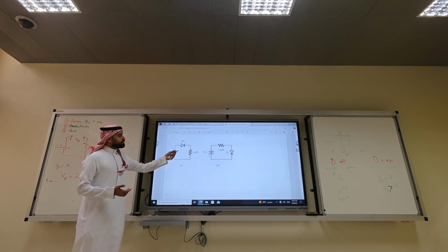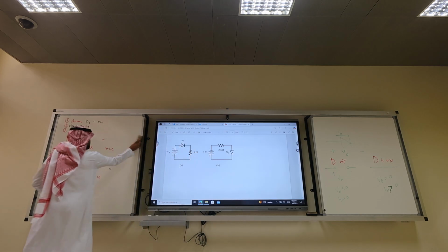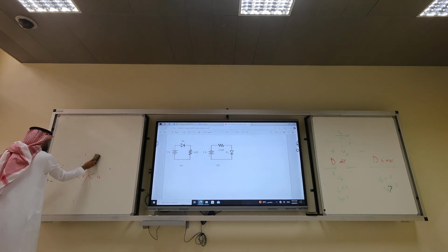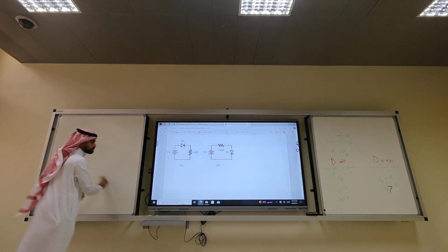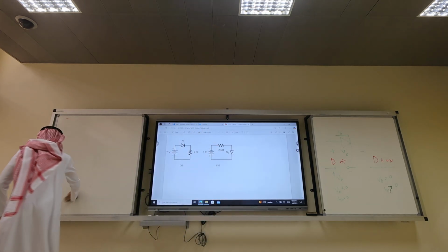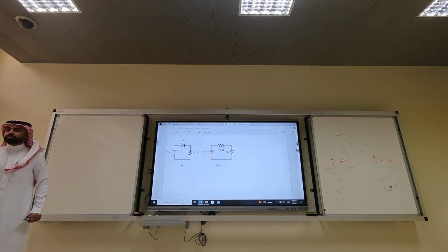So let's try to solve this example. But I have to erase. I'm going to keep the original. I have a question. Yes. We consider this like a valve, right? I don't like to use the word valve. Let's use diode. But what will happen if the voltage is too high? It will be always open? It depends.